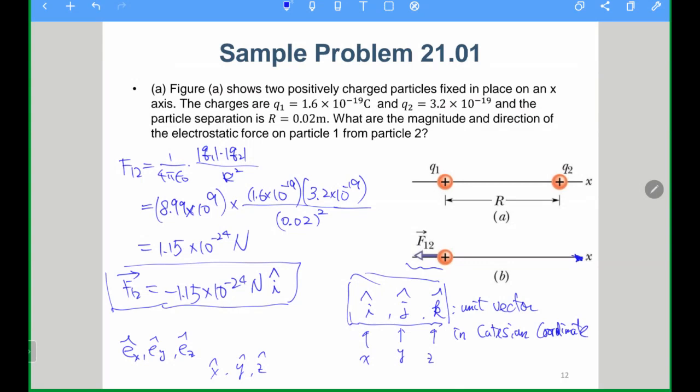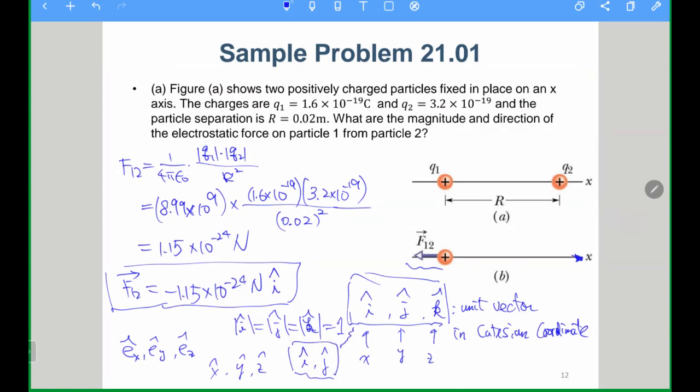And of course, they are unit vectors, which means that their magnitude is 1. Sometimes I will just write it like this, skipping the dot, and j like this. They are actually the same.